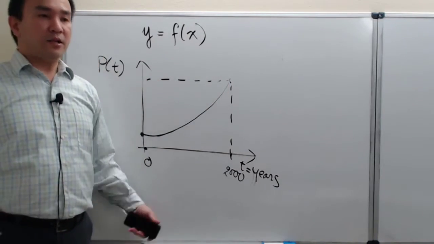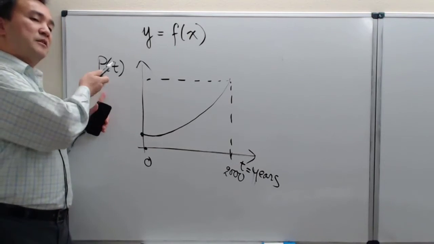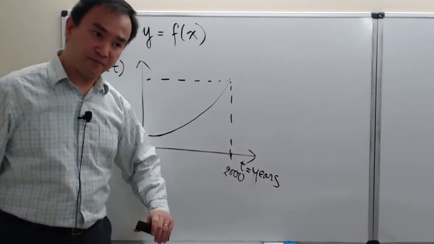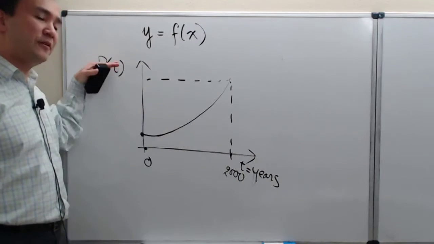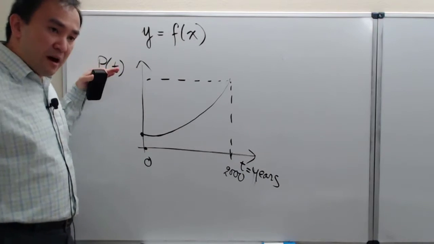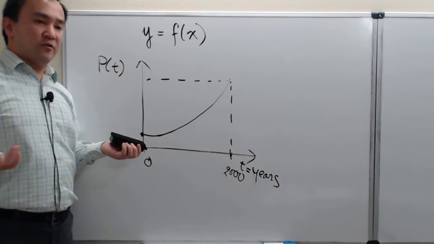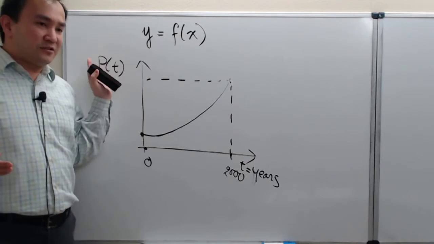And so it's entirely perfect to say that the population is a function of the independent variable time. As time goes on, at different time instants, we have different population amounts, population size to be precise.